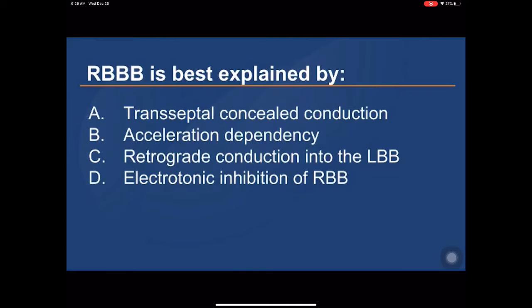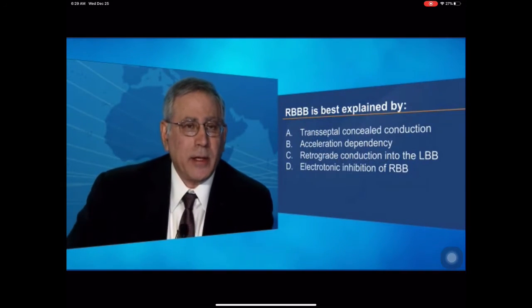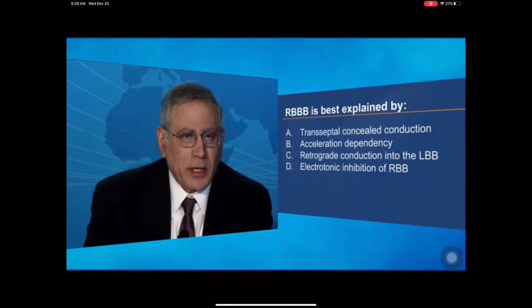I'm going to let you spend the next 30 seconds looking at this, and then we will go ahead and get your answers and discuss the tracing. So let's go over the tracing and then an explanation.